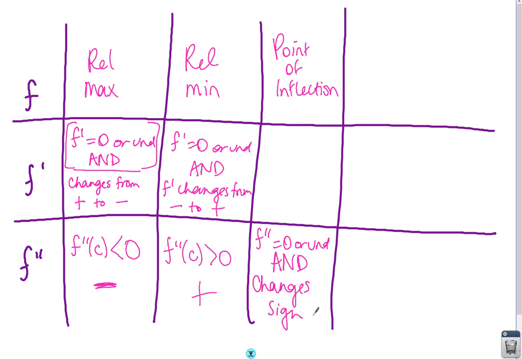Remember, just because it's equal to 0 or undefined means it's a possible point of inflection. It's not an actual point of inflection until you check to make sure that it changes sign. So you have to check for all of those things. That's a real quick recap of this chart.